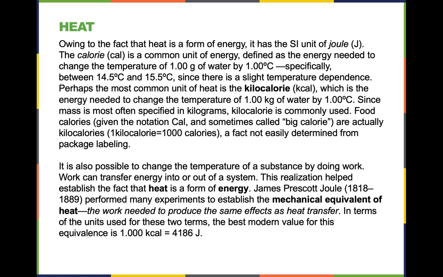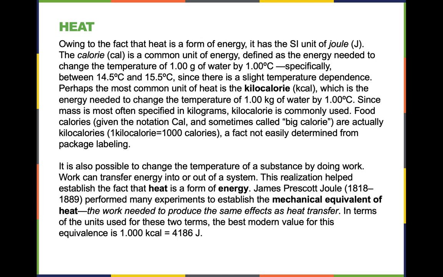Owing to the fact that heat is a form of energy, it has an SI unit of joules. The calorie, cal, is a common unit of energy defined as the energy needed to change the temperature of 1 gram of water by 1 degree Celsius, specifically between 14.5 degrees Celsius and 15.5 degrees Celsius, since there is a slight temperature dependence.